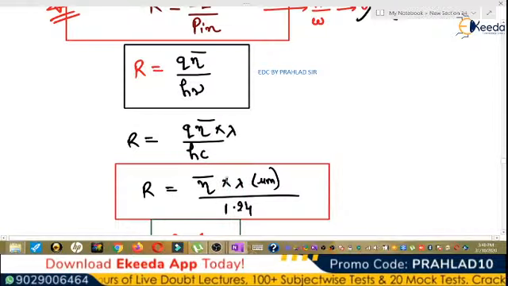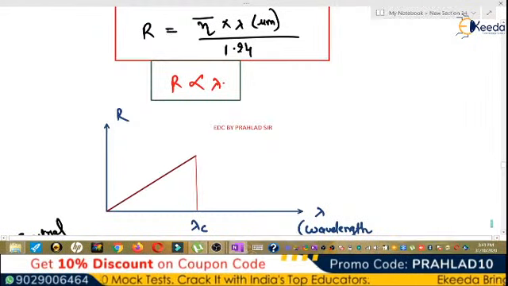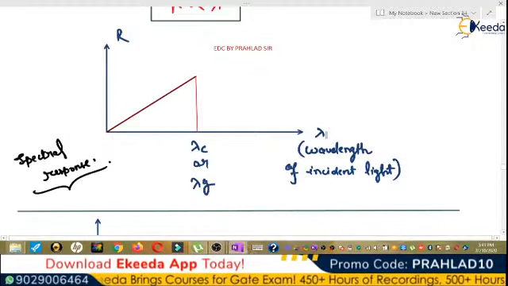So R is eta bar into lambda upon 1.24, and lambda is in micrometers. So responsivity is directly proportional to lambda, and this is the graph which is called the spectral response, the responsivity versus lambda graph. Lambda is the wavelength of the incident light.